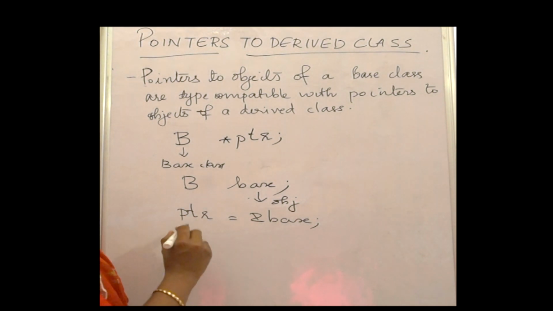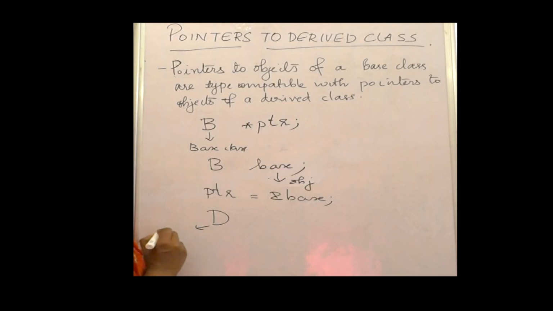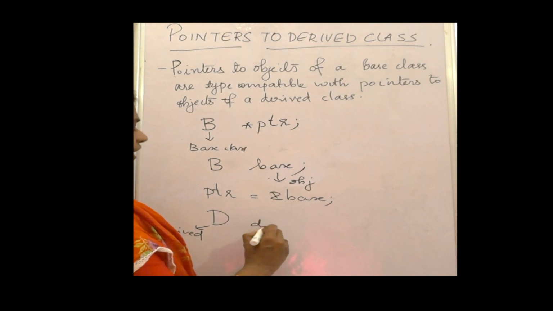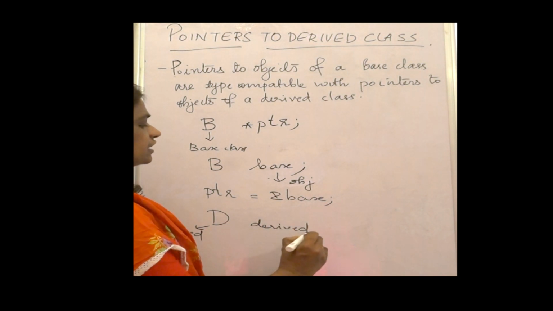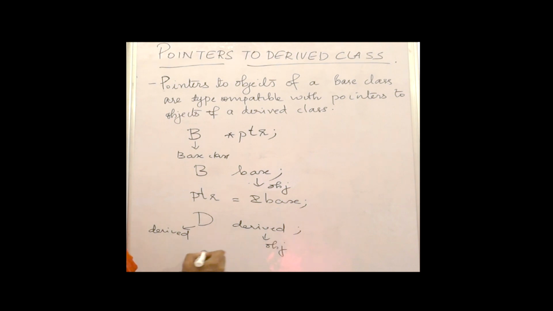Now I am creating an object of a derived class. Say D is a derived class and I am going to create an object of D, derived. This is an object of derived class D, and now I am going to assign the same PTR with ampersand derived. So this is also possible.